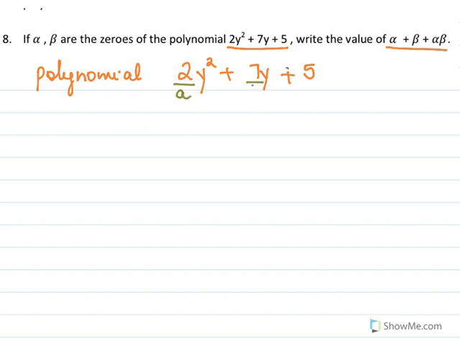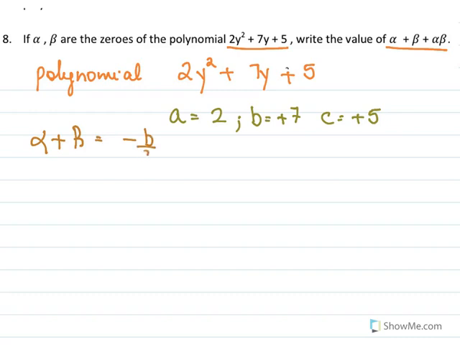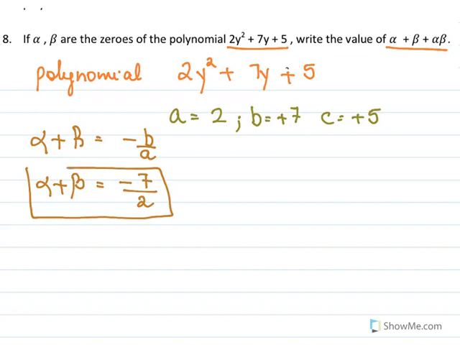This is our A, here is B, and this is C. A equal to 2, B equal to plus 7, and C equal to plus 5. For the next step, we know alpha plus beta equal to minus B by A. We see our B is plus 7 and our A is 2, so minus B by A will be minus 7 by 2. We'll use this information later.